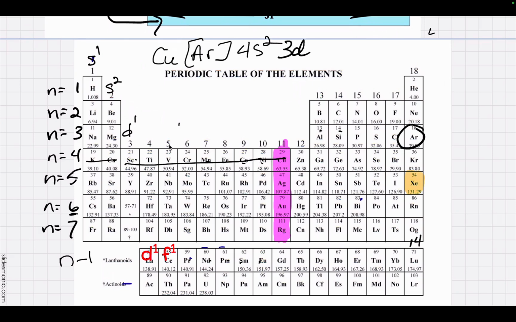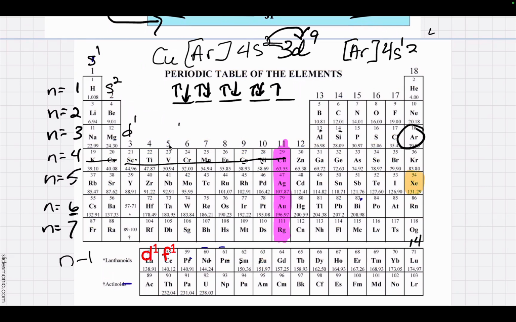So we're really close. Again, you don't have to write it, but sometimes it helps to visualize. So 3d9 is really close to having that full set of d orbitals. So what's going to happen is one of these s electrons is going to go into the d. So what you're really going to get for copper is argon 4s1 3d10.